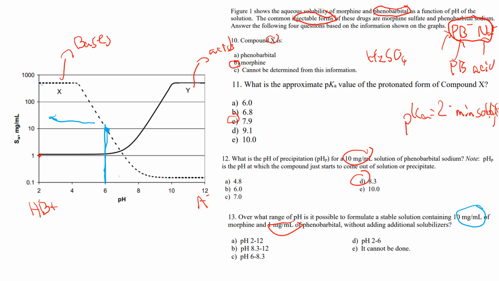It's right here at this intercept. Acids are the same way, right? They get more soluble if they go this way. So we essentially have to find the values between these two ranges, and since it's higher this way and lower this way, these solutions are possible between a pH of 2 and 6, which is our answer D for this problem.